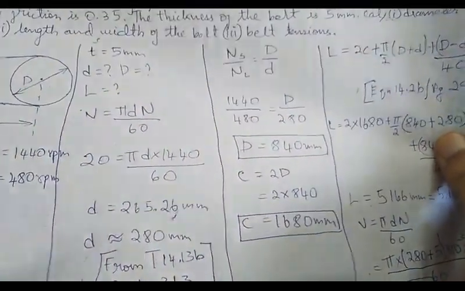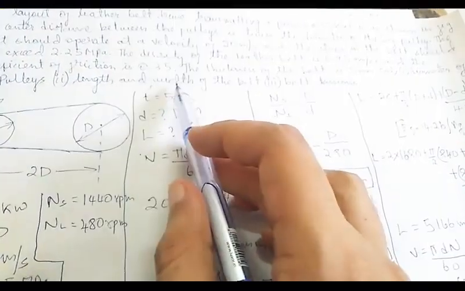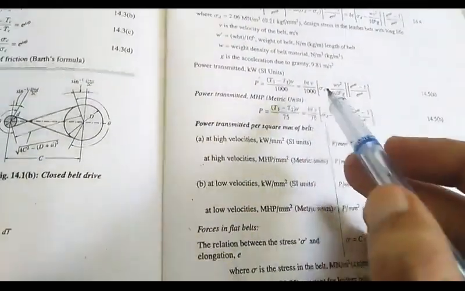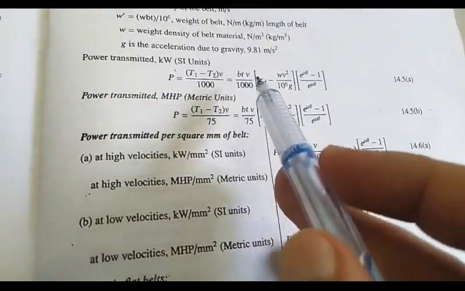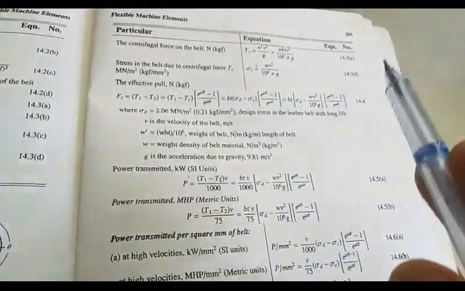Next, we have found out length. We shall find the value of width by using the formula for power. So here we shall take the formula b t V by 1000 into, we shall take this formula 14.5A, page number 291.